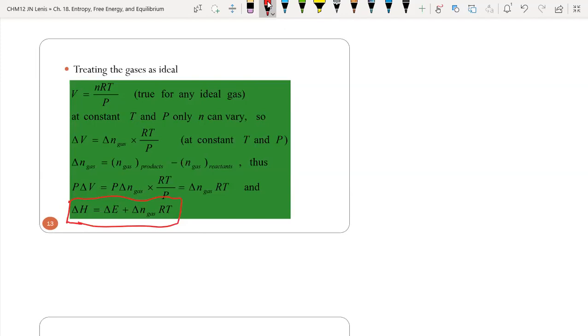Again, delta n of gas is the change in stoichiometric number of moles of gases in the chemical reaction.